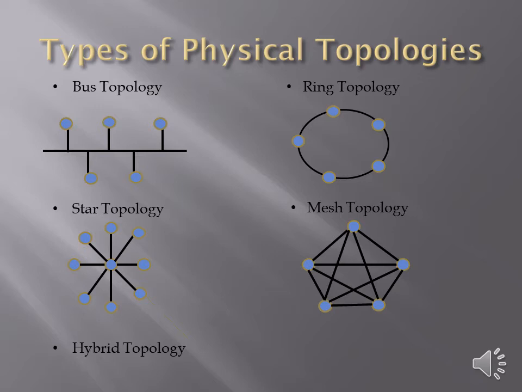Star topology, each node is connected to a central hub. Mesh topology, each node is connected to each other node so that it can communicate with each other regardless of failure of any node. Hybrid topology, when two or more topologies combine together, it makes hybrid topology.